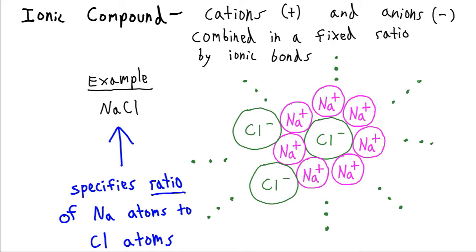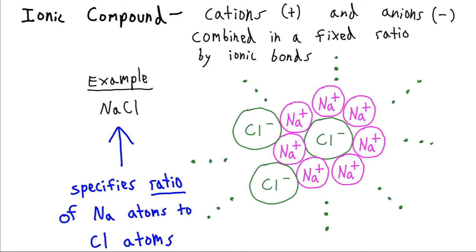Now, this is different because we don't have just one chlorine bonded to each sodium, and we don't have just one sodium bonded to each chlorine. So this doesn't tell you how many things are attached to how many other things, like the molecular formula does. But what it does tell you is the ratio. So if we were to calculate out the total number of chlorines and the total number of sodiums in this NaCl, we would find that the numbers were basically the same.